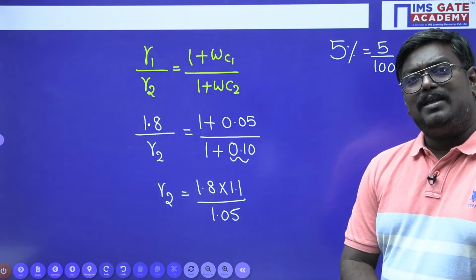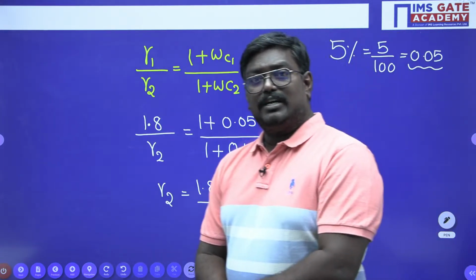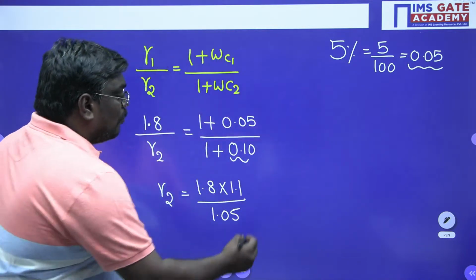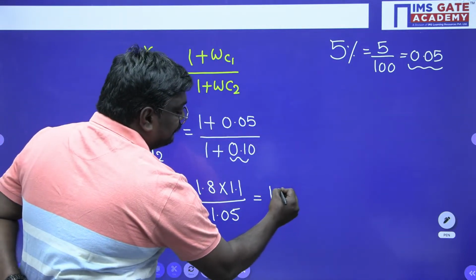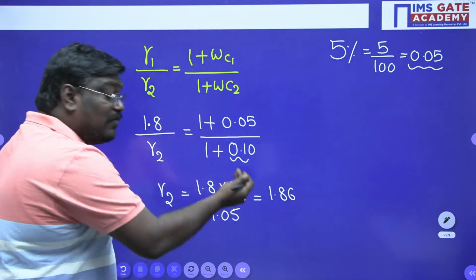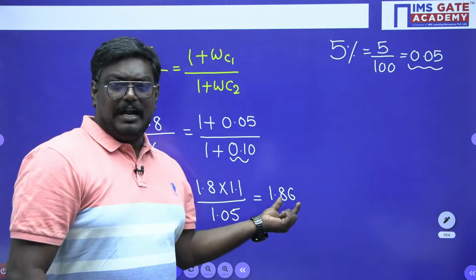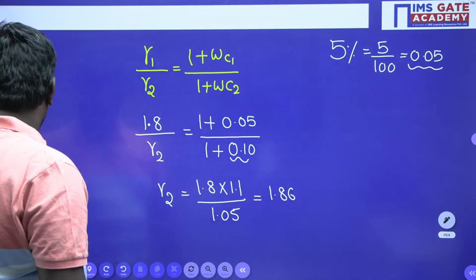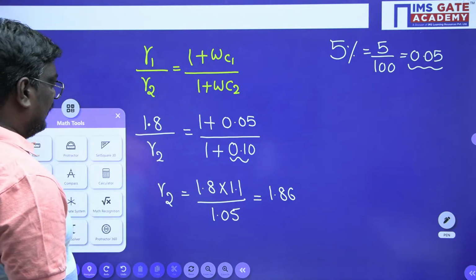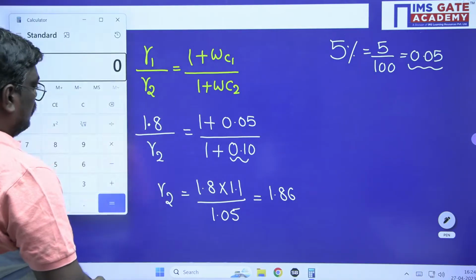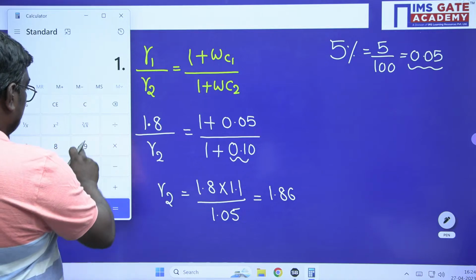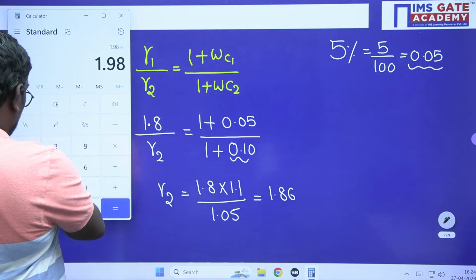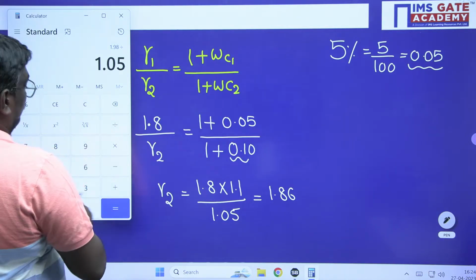Can anyone tell me? Is it clear, students? So it will be roughly around 1.866. Or 1.88. If you can see the calculator here, students. One second. If I see here the calculator, 1.98 divided by 1.05.